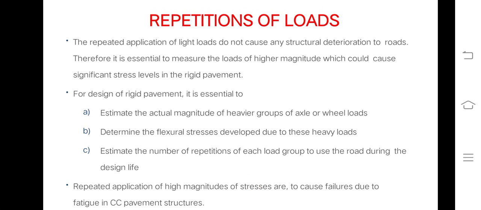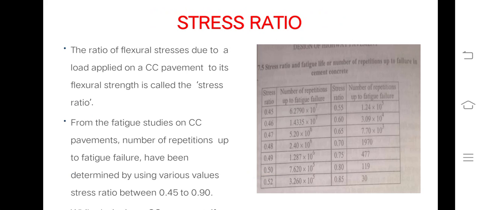For design of a rigid pavement, it is essential to first estimate the actual magnitude of the heaviest group of axles or wheel loads, determine the flexural stresses developed due to these wheel loads, and estimate the number of repetitions of each load group to use the road during the design life. Also, repeated application of high magnitude stresses can cause failures due to fatigue in cement concrete pavement structures.